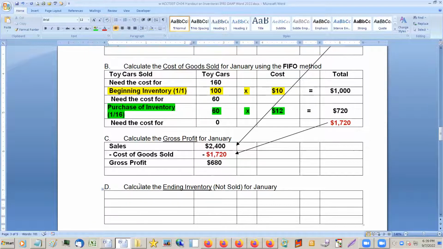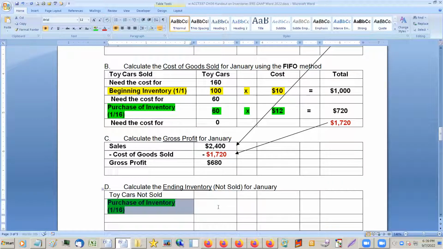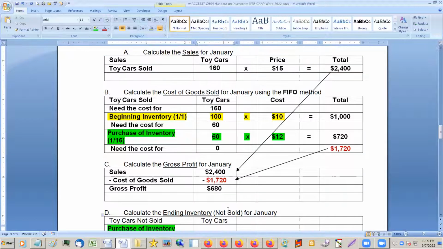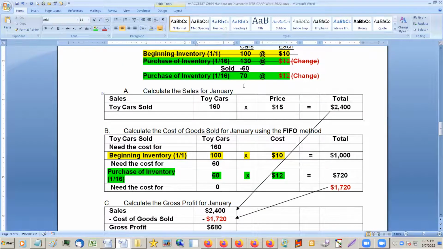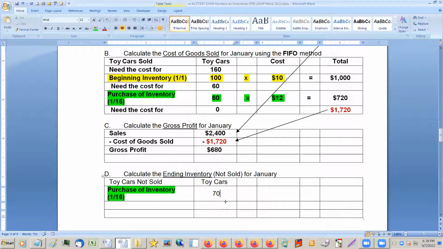Okay, so we still have from the 16th, we have my cars, 70, plus the new cost on those was 12.